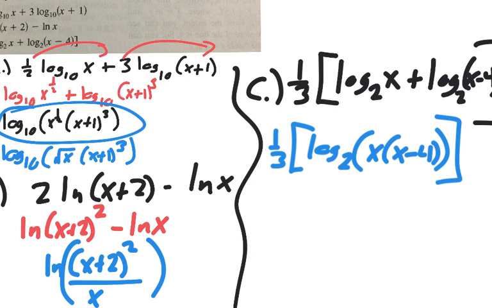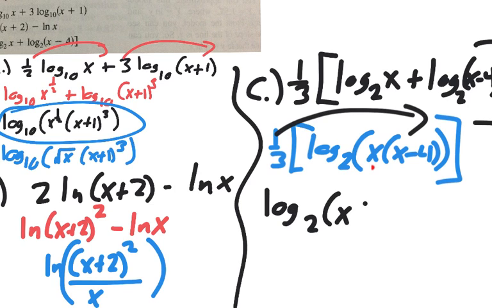Now, you can distribute here if you want to, or you can just leave it. I just leave it because why do more work than you have to? Now move the 1/3 up top as an exponent, and I'm left with log base 2 of x times x minus 4. But then all of this is being raised to the 1/3 power.